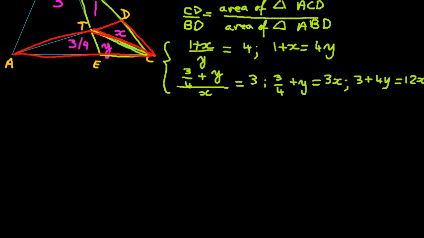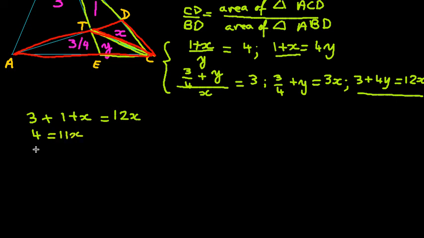Alright, so let's solve this 2 by 2 linear system. We know that 4Y equals 1 plus X, so let's substitute that into this equation, and we obtain 3 plus 1 plus X equals 12X. That's the same as 4 equals 11X, or X equals 4 over 11.